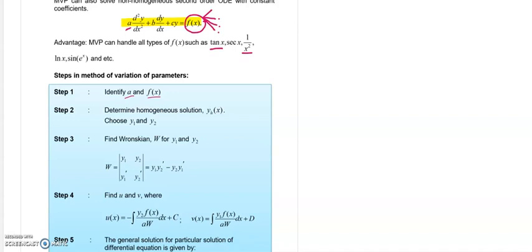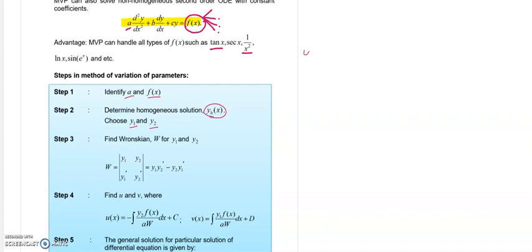In the second step, we need to find the homogeneous solution. Based on this homogeneous solution, we are going to choose what the terms for y1 and y2 are.